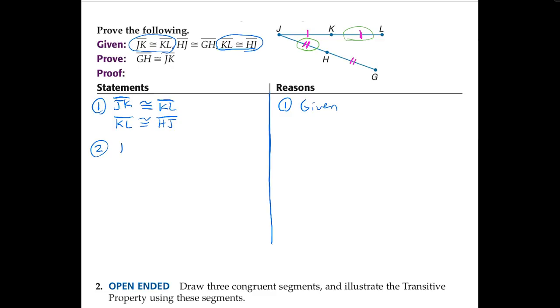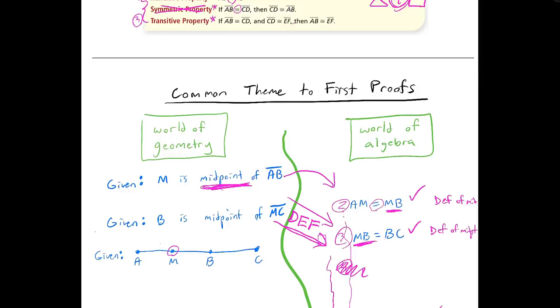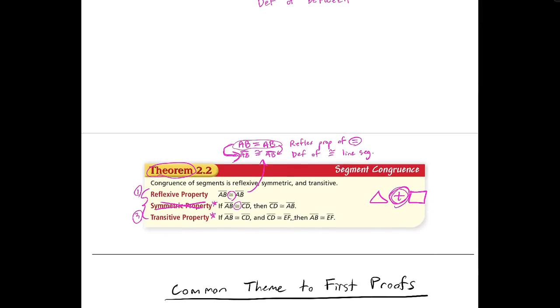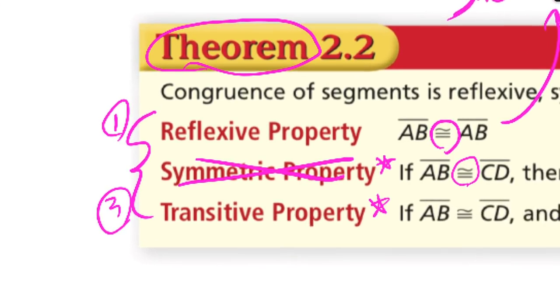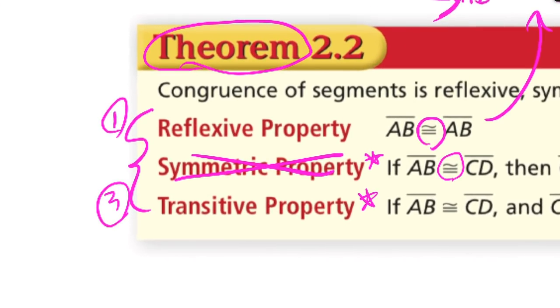And I can say, well, let's get rid of the middleman. JK is congruent to HJ, right? They're both the same as KL, so they're the same as each other. And what lets us do that? Remember, there is no substitution. There's no properties of algebra with congruence. With congruence, we only have these 3 properties: reflexive, transitive, and the one we won't use, symmetric.